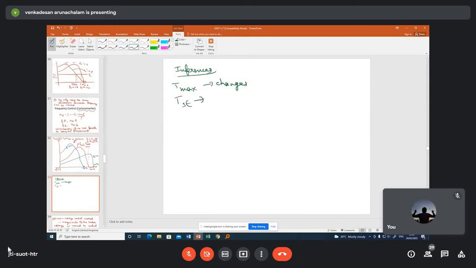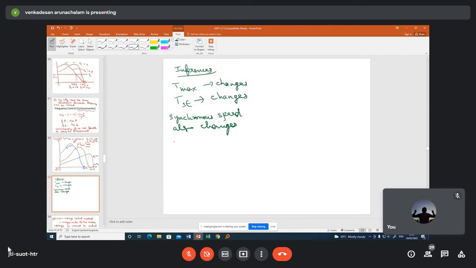Starting torque also changes, and synchronous speed also changes. These are all the inferences for stator frequency control.